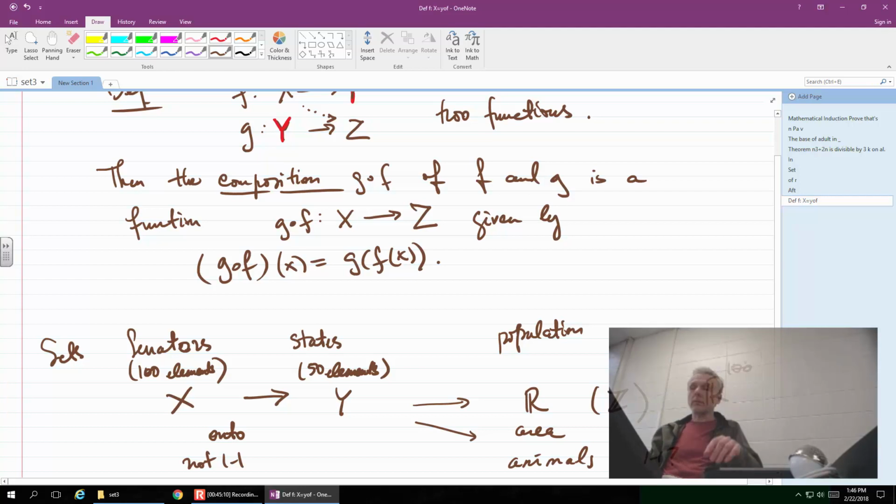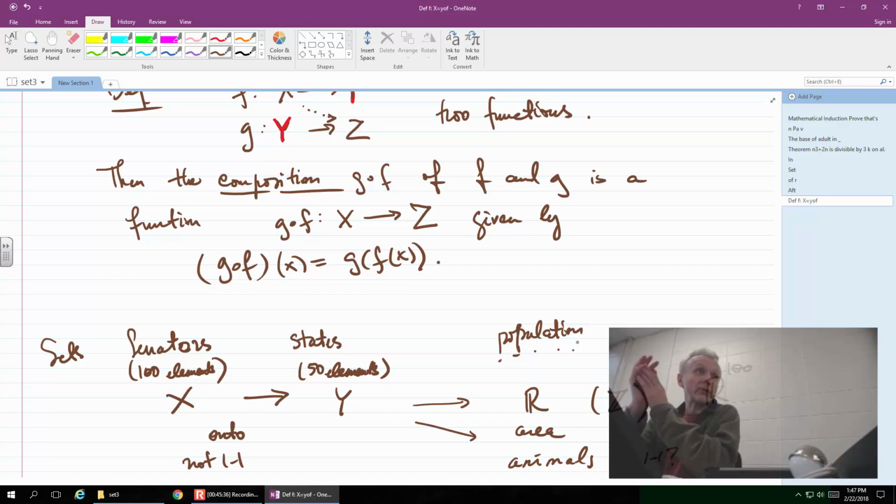Okay, just an idea. That is a composition from the states to these characteristics, especially population. If you compose it, then every person on the list of senators will have a corresponding population of the state that he or she represents.